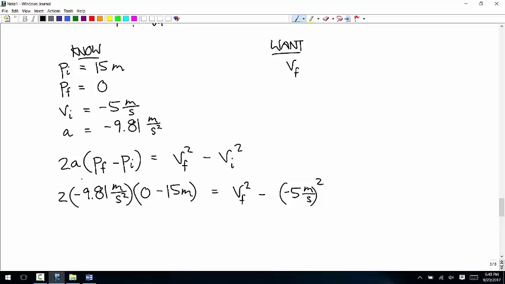So you get positive 294.3, right? Meters per second squared is equal to Vf squared minus 25 meters squared per second squared.